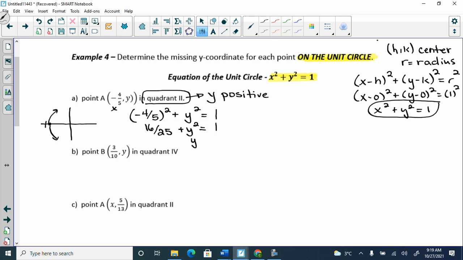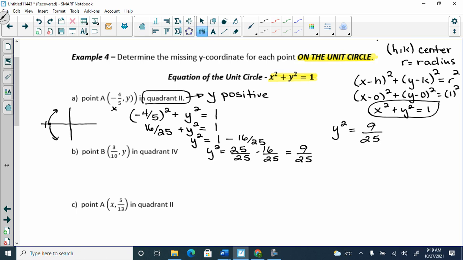Then I subtract my 16 over 25, which is actually y squared equals 25 over 25 minus 16 over 25, which equals 9 over 25. So I have y squared equals 9 over 25.